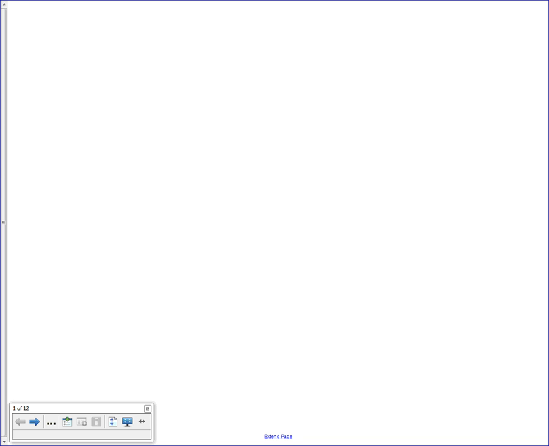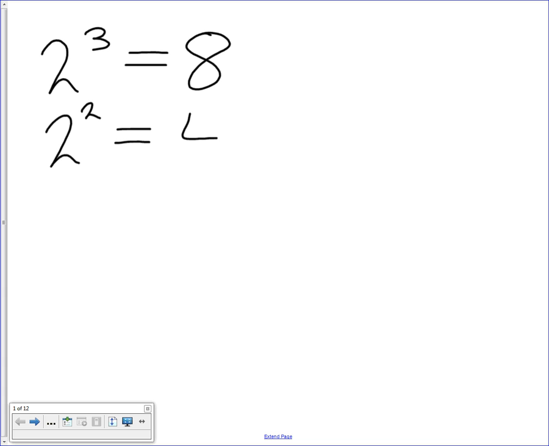All right. So if we look at this kind of pattern, we have got 2 cubed equals 8, 2 squared equals 4, 2 to the power of 1 equals 2, 2 to the power of 0, coming back to that.